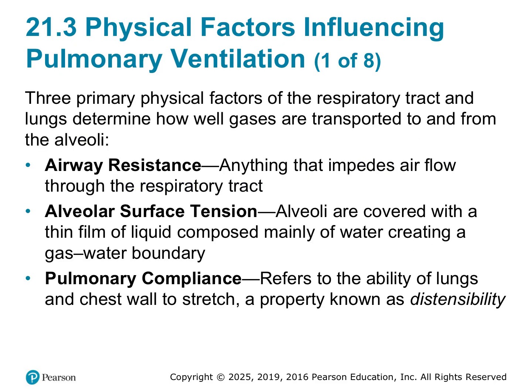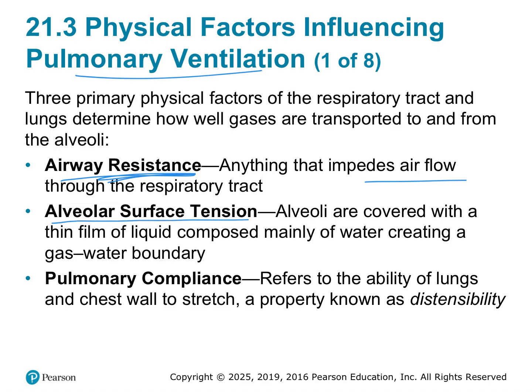So what other things can impact pulmonary ventilation besides our inspiratory and expiratory muscles? So we have airway resistance. So anything that's going to impede airflow, that's going to impact your ability to get air in and out of the lungs.